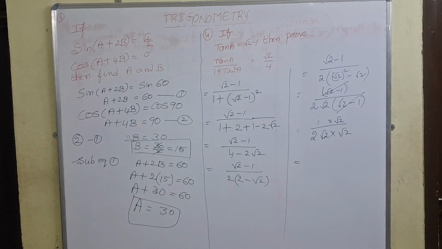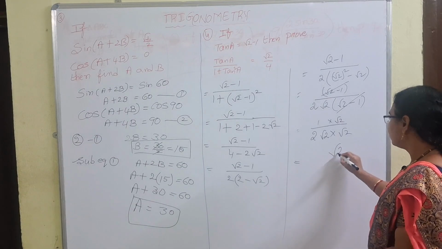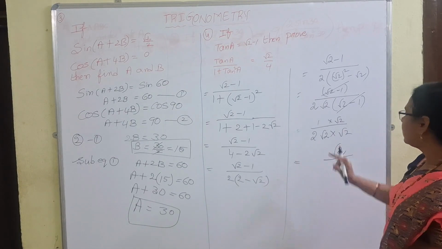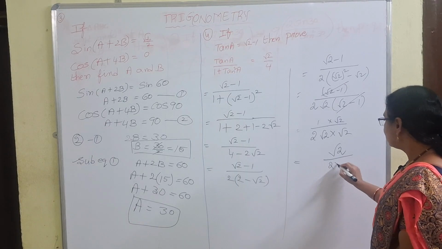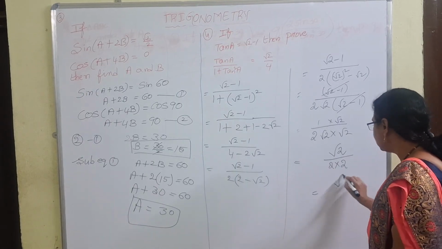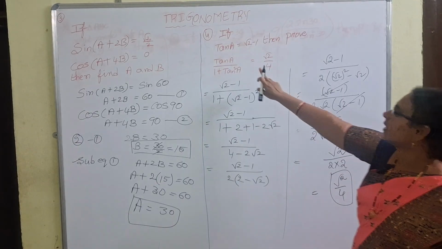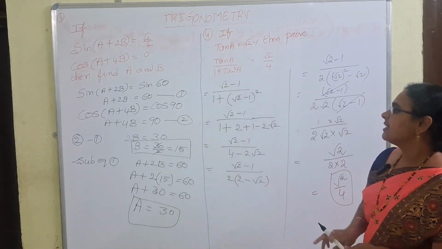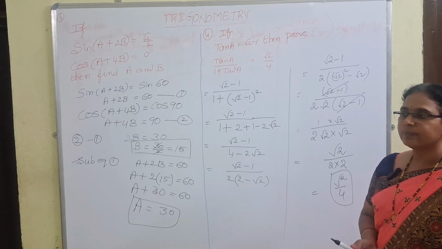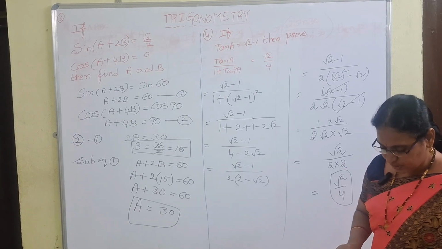Anything multiplied with 1 gives the same answer. That means root 2 by 2 into root 2 into root 2, which is 2 into 2, that is equal to root 2 by 4. You wanted to prove this: tan A by 1 plus tan square A is equal to root 2 by 4. Understand? I hope you are clear.